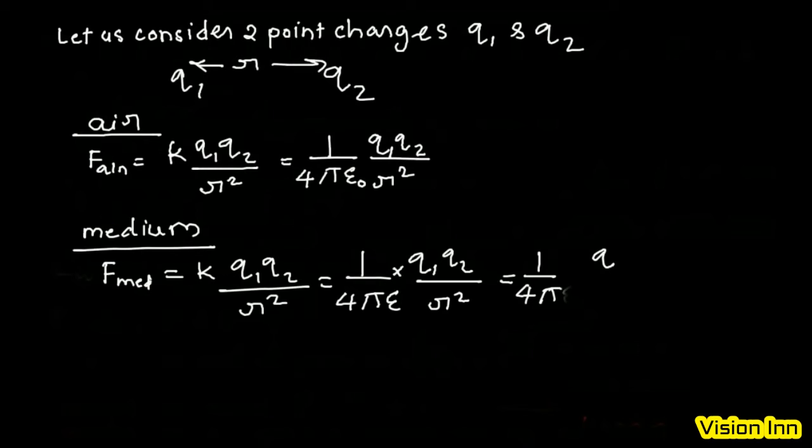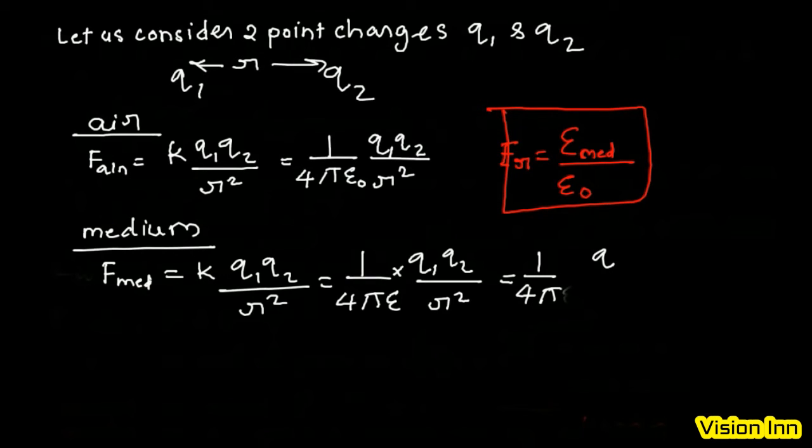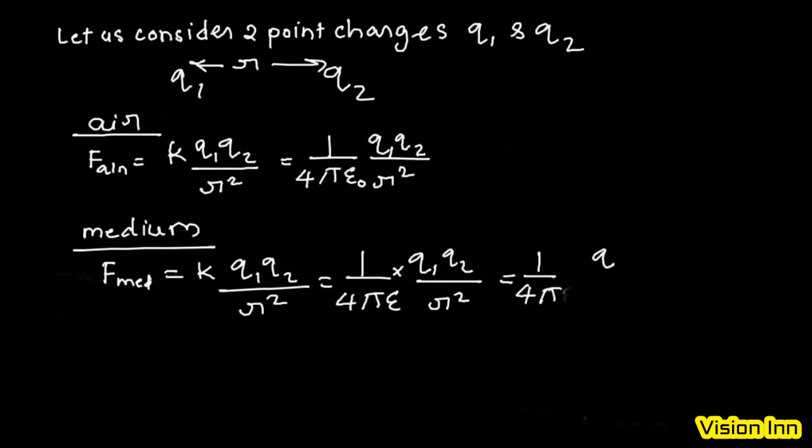We all know that epsilon r is equal to epsilon of the medium, the absolute permittivity of the medium, upon the absolute permittivity of free space.